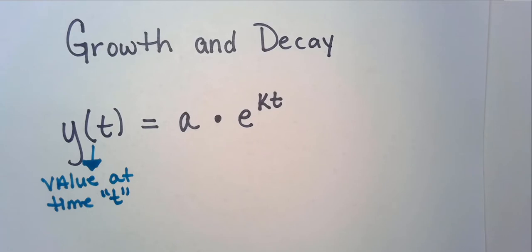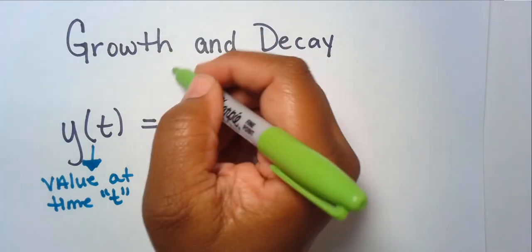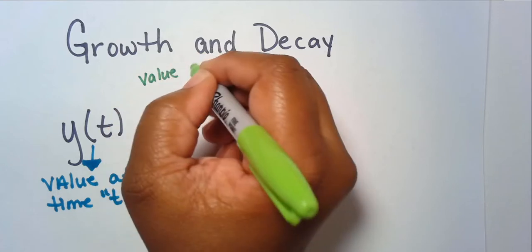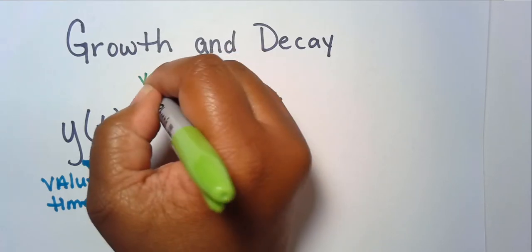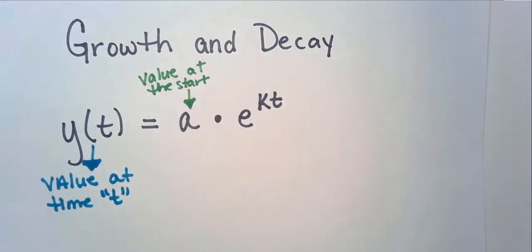Then we have our a. Well, our variable a in this formula here, which is the value at the start. We have t, which represents, of course, the time.